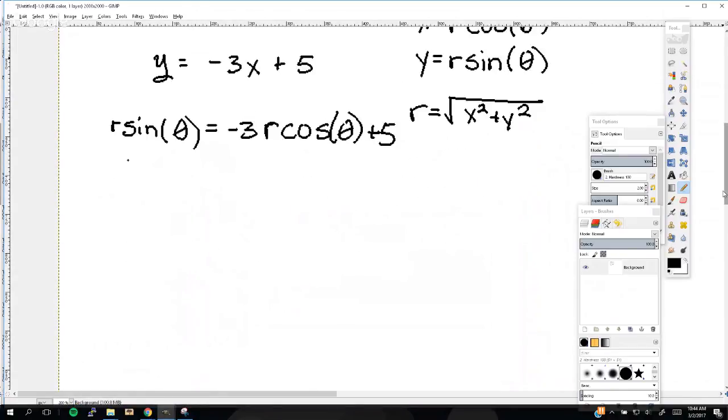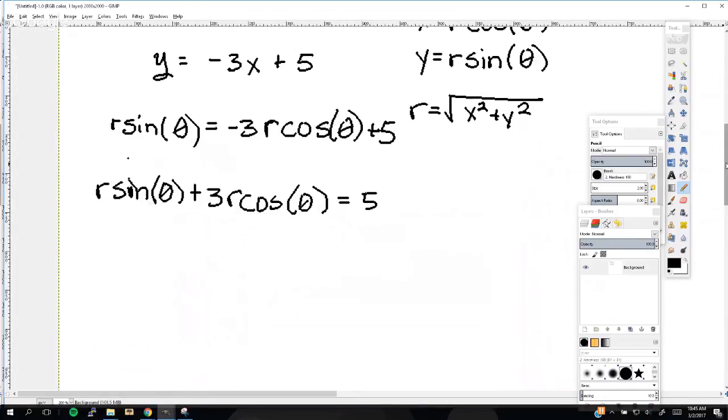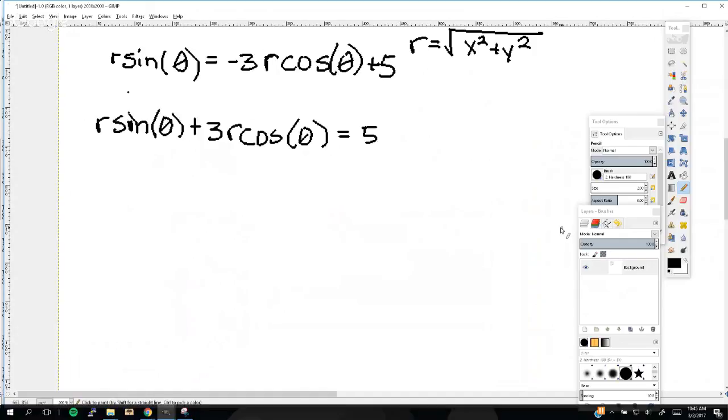So then you add 3r cosine over, sine theta, and that equals 5. And then you take out an r, because both of them have r in the equation.